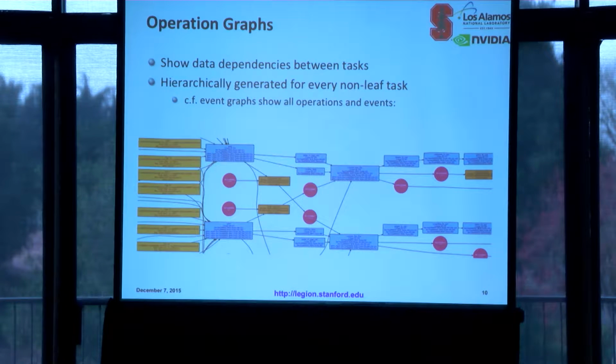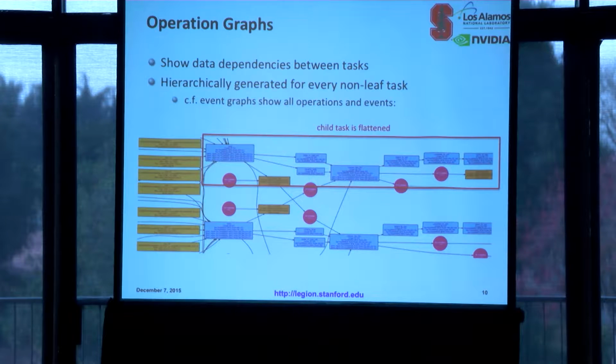Again, when you compare this operation graph with the other type of graph we generate, this graph will embed all the child tasks into a single graph file, which means that if you have hundreds of thousands of tasks in your application run, it will not render properly with your PDF viewer.